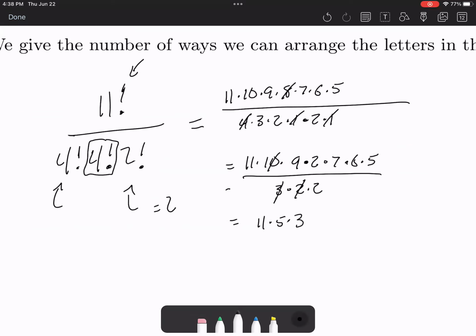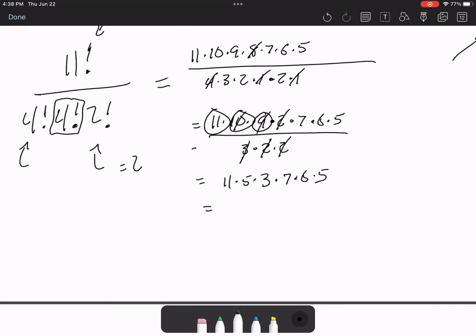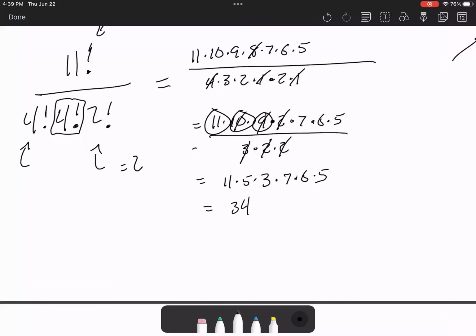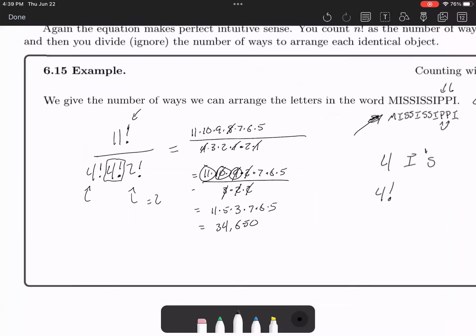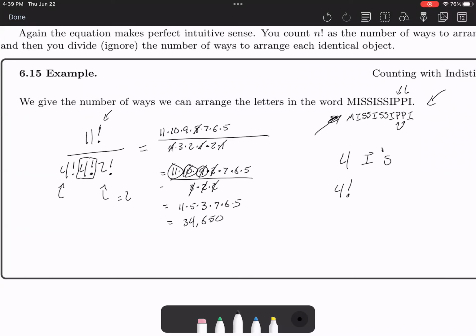You're left with a 3. So 11, the 10 turned into a 5, the 9 turned into a 3. We're left with, in fact, 2 and 2. We're only left with the 7, the 6, the 5. And this is going to give us 34,650. So a lot of different arrangements there.